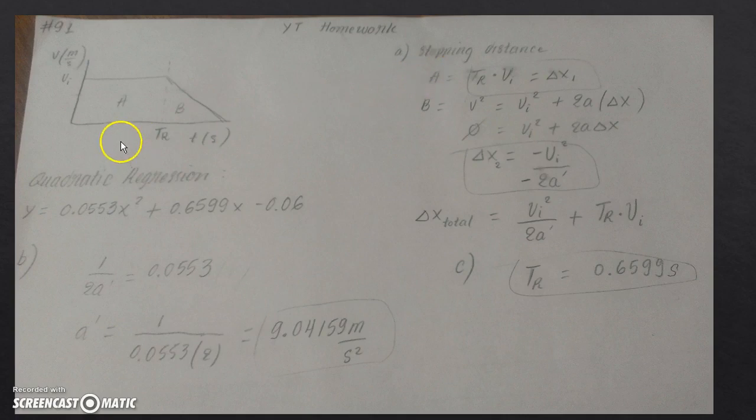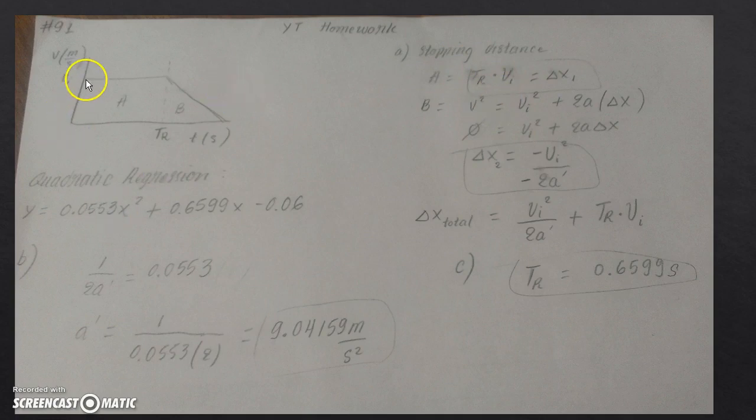So I got that the stopping distance for part A is the area under this curve only. So that would be the area of the rectangle right here. The length of the rectangle is from t equals 0 seconds to the responding time, so that would just be the responding time.